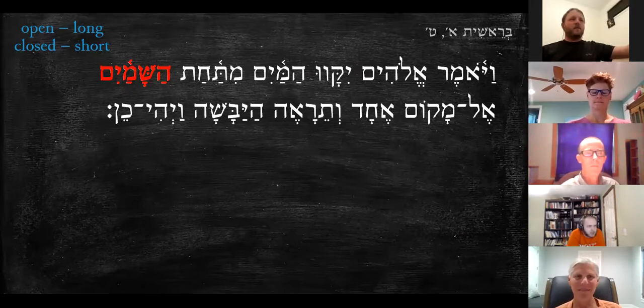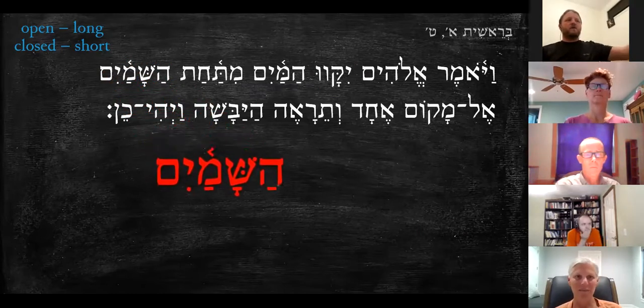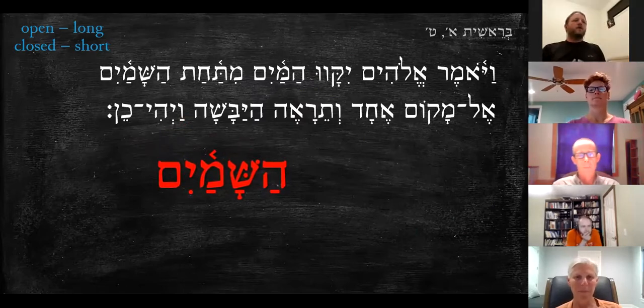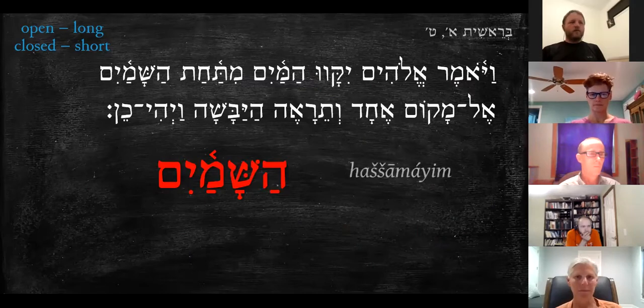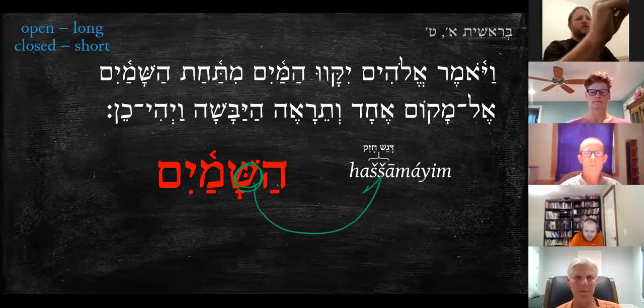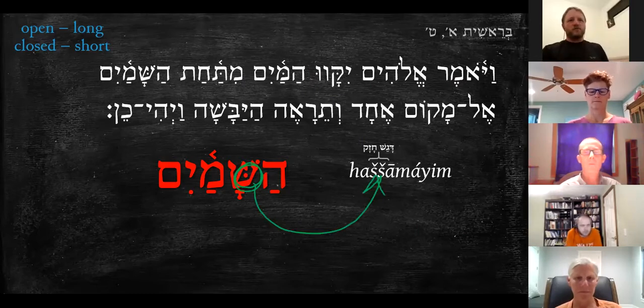Hashamayim, meaning the sky, right? How do we think we would divide this up? Some of this is very clear. Well, that's the word Hashamayim. That's dagesh chazak right there. Dagesh chazak in this letter is represented with 2 shins in transcription.